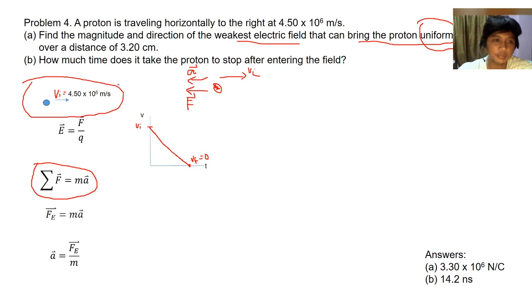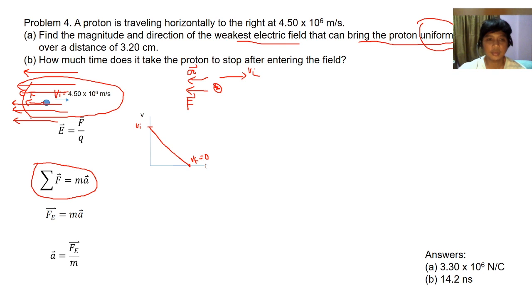Well, we put an electric field and expose it to this electric field, and that electric field will produce a force because that's what electric fields do. We expose it to as weak, the minimum amount of electric field that is needed to produce this force, just enough to cause an acceleration to slow down this object.